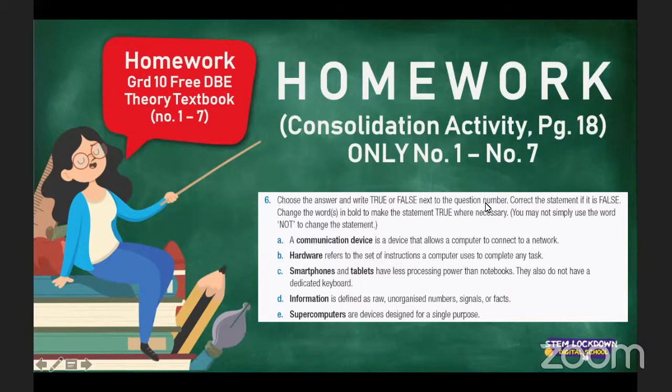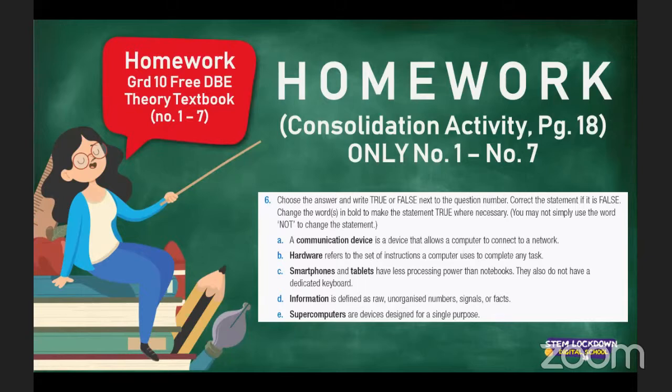Let's look at answer B and do the first part of the question as an example. Is B true or is B false? Hardware refers to the set of instructions a computer uses to complete any task. Is B true or is it false? Ooh, look at you go, it's false. So everyone is getting false.